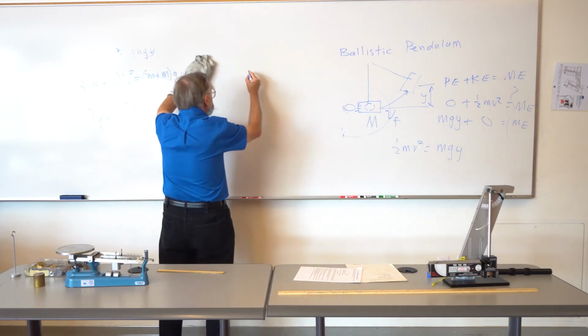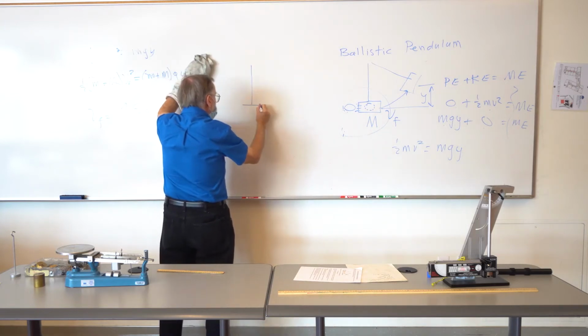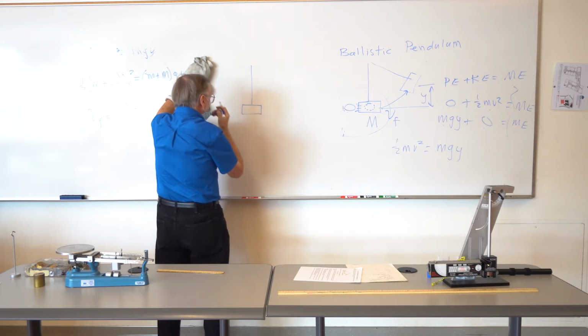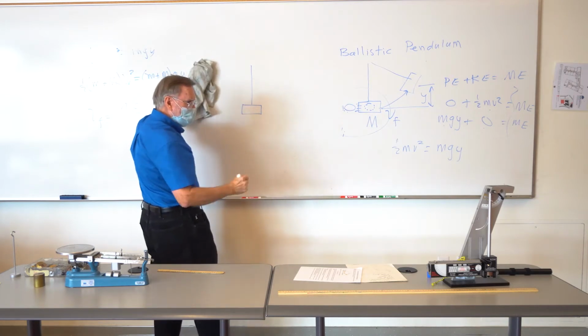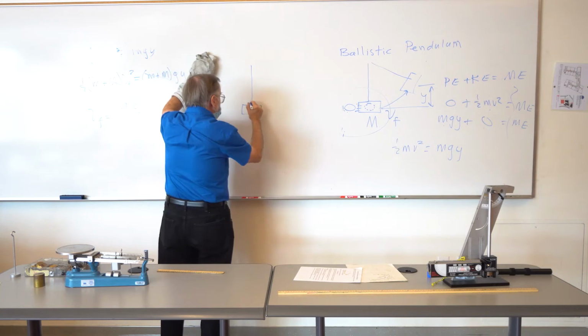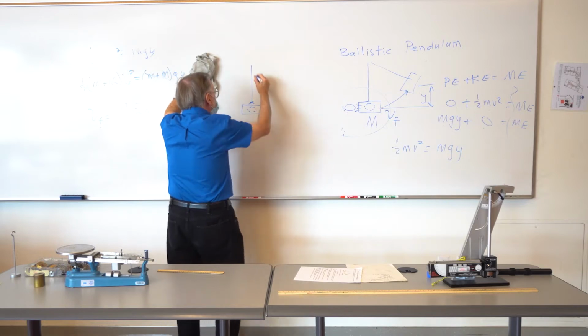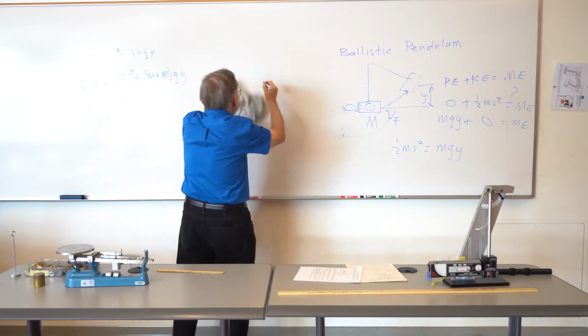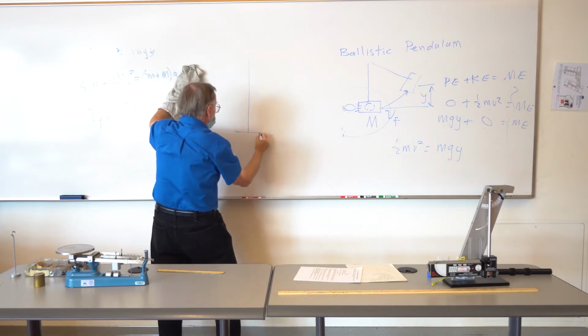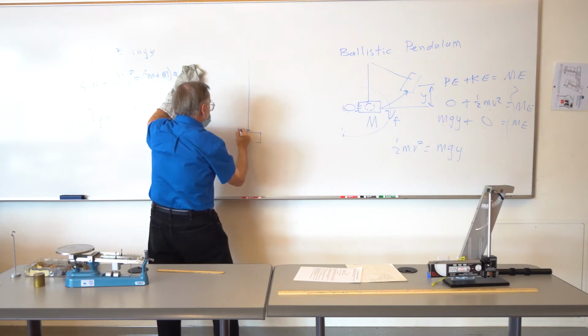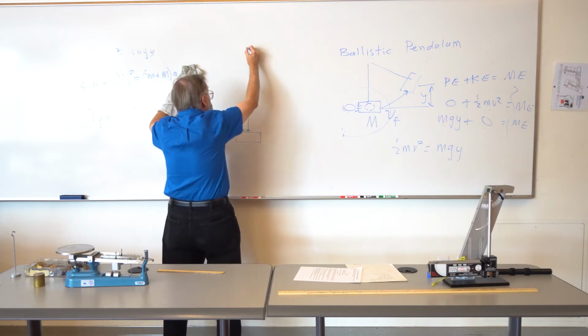Okay, so we have the pendulum. And the pendulum has a certain center of mass that we're going to look at in a moment. Let's say the center of mass is right here, of the pendulum plus the ball. That's going to swing up. I'm going to make this bigger so you can see it better. Here's the center of mass. Here's the pivot point.